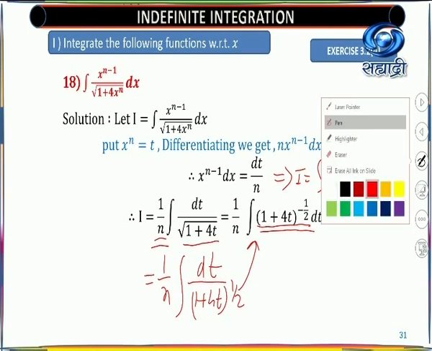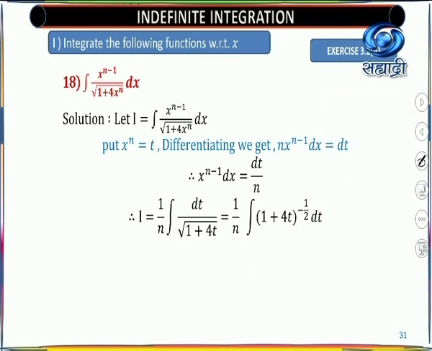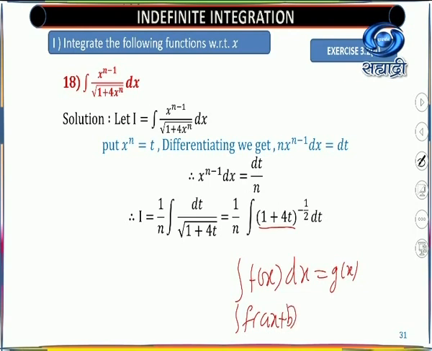Okay, and once you got this value, you know that here you are having a linear function. We have already studied: if integral of f x equal to g x, and if integral f of ax plus b dx is equal to 1 upon a, g x plus constant of integration. This way you are able to write, this is also a linear function raised to minus half.